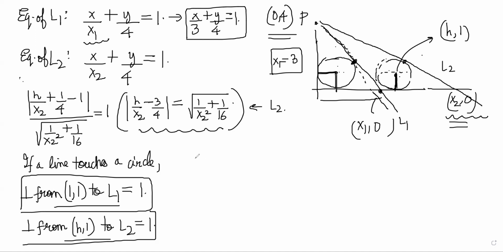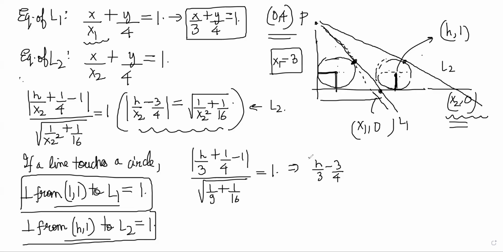So the perpendicular from (h, 1) gives |h/3 + 1/4 - 1| divided by sqrt(1/9 + 1/16) is equal to 1, right? So from here, I get the equation |h/3 - 3/4| is equal to sqrt(1/9 + 1/16), which would be sqrt(25/144).